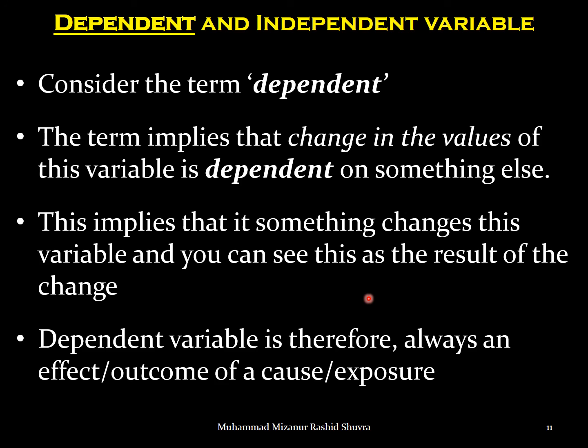Okay, the push is your independent variable. The result that you see is that the object is moving, and that movement is your dependent variable because it was dependent on the push. All right, so if you match it with this, then the effect was that something moved. The cause was the push, or the outcome was the fact that it moved, and the exposure was that push. Okay, simple. It's a result that you're watching.